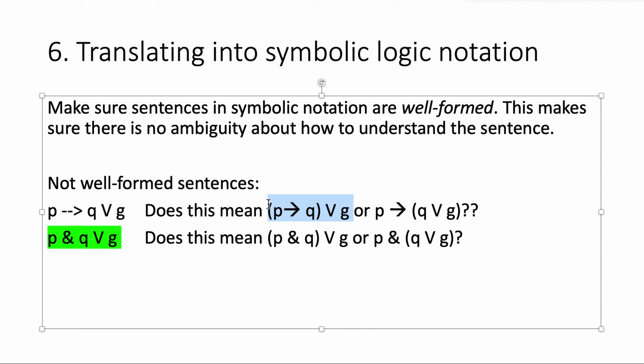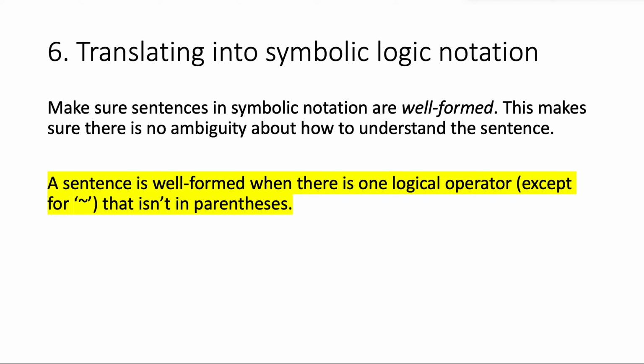It's just the case that the left-hand disjunct, the thing that's on the left of the arrow, this bit, is itself not an atomic sentence, it's a conditional sentence. But the sentence as a whole is just a disjunction. Okay, so that's how you can tell whether your sentences are well formed. There's only one logical operator, taking exception to the negation, that isn't in brackets or parentheses.